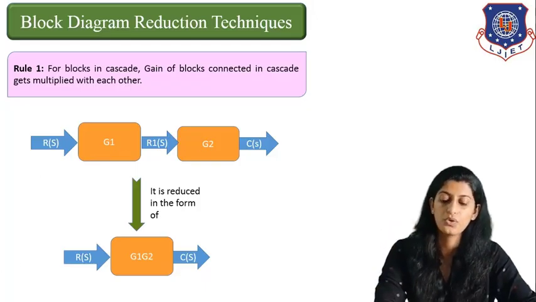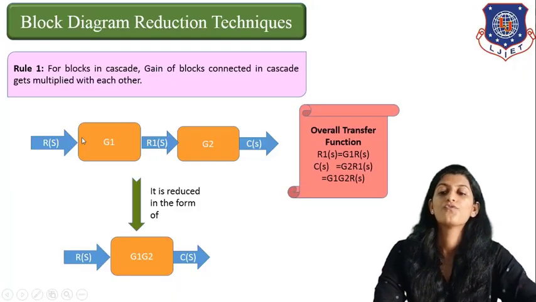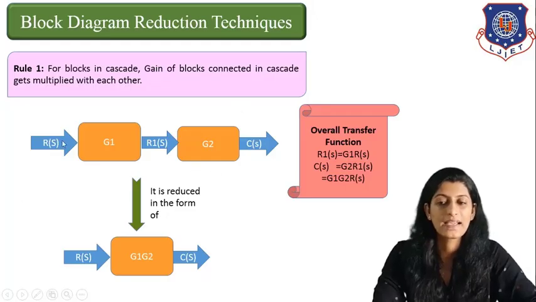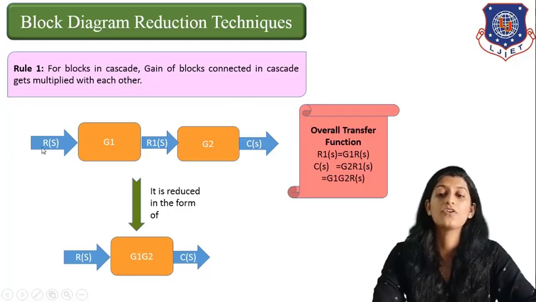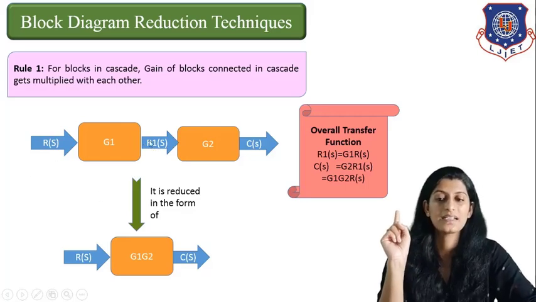If you want to write down the overall transfer function for this block diagram, you will first write the transfer function for the first section, that is G1.